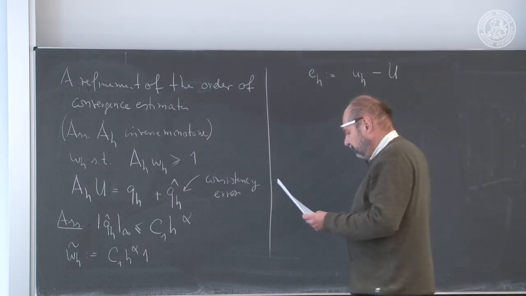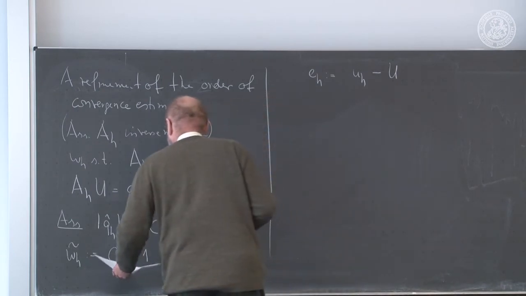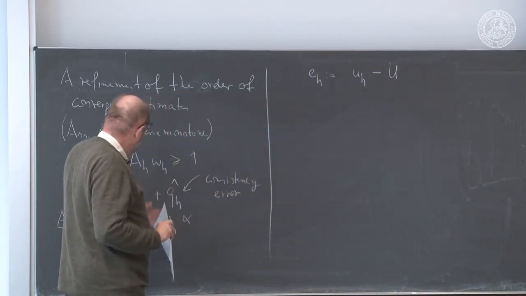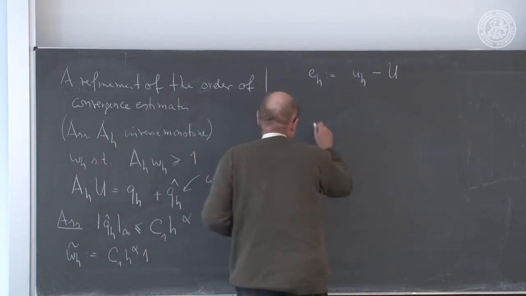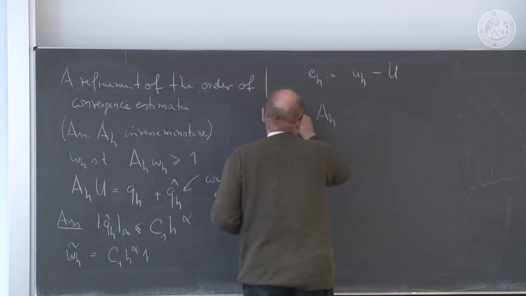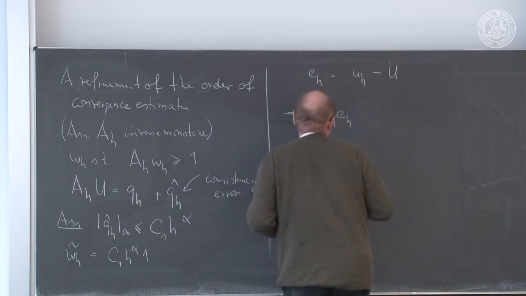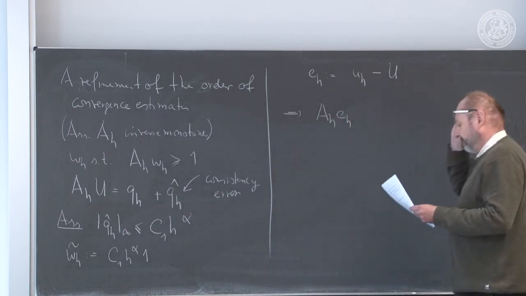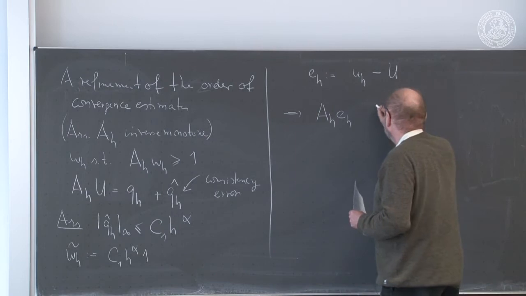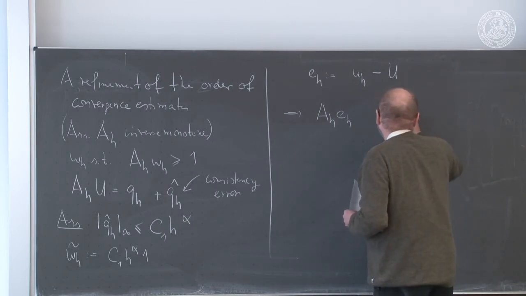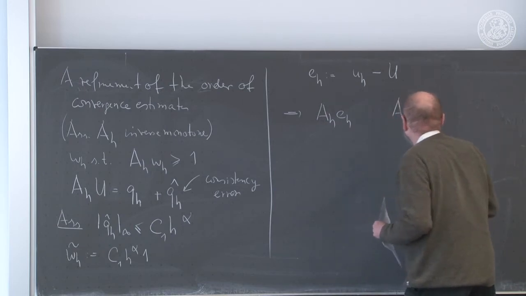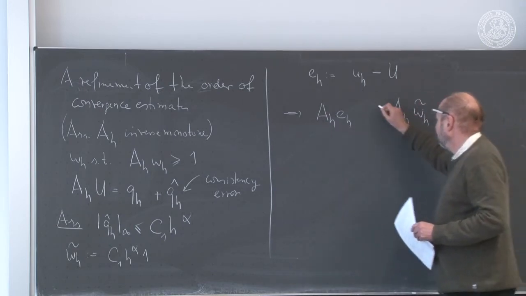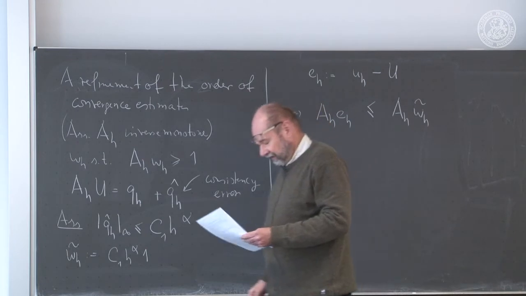So what do we know? We know by this definition and just by this estimate on the consistency error that if I compare A_h applied to e_h, this is the error function, and I compare A_h applied to the w tilde, I have less or equal.